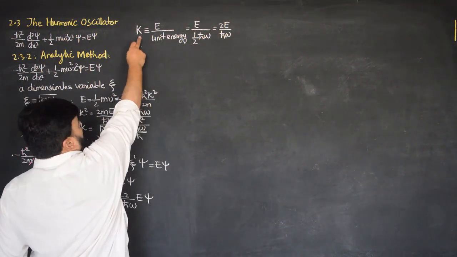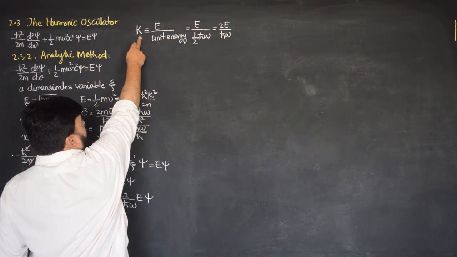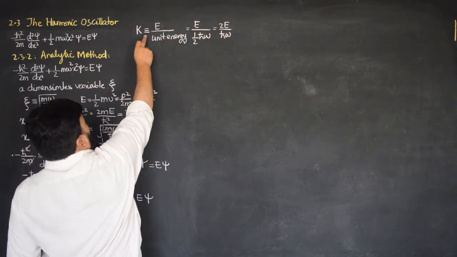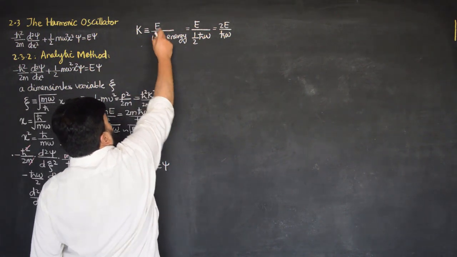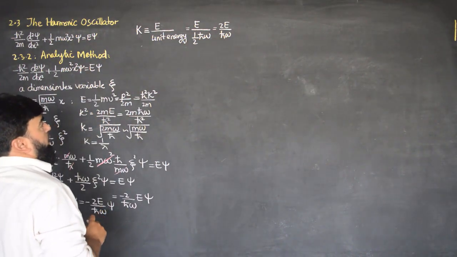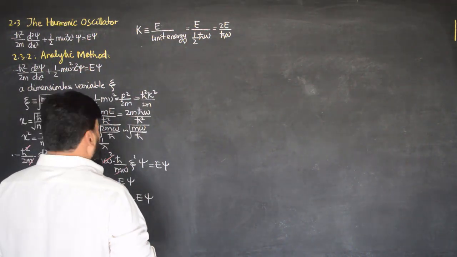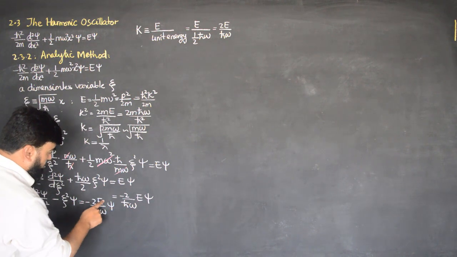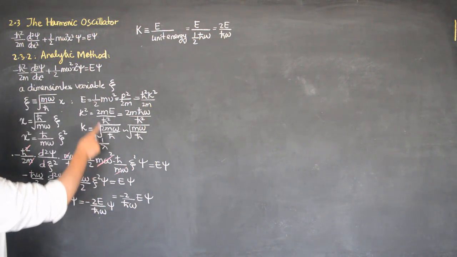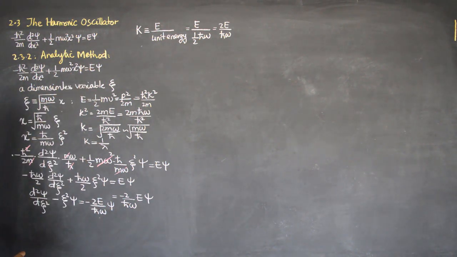So K is a normalized energy, E divided by unit energy. So 2E over h bar omega I can write as capital K.